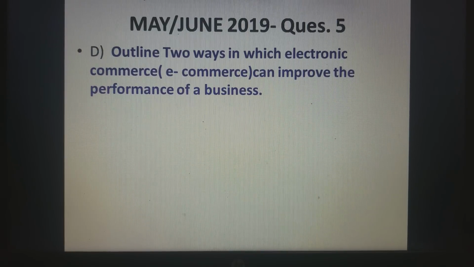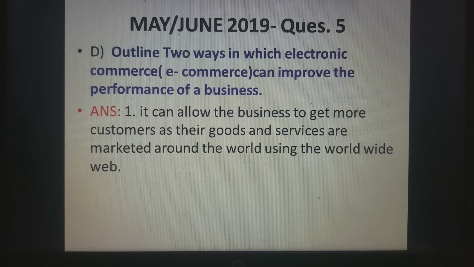Section D. Outline 2 ways in which electronic commerce or e-commerce can improve the performance of a business. Well, 1, it can allow the business to get more customers as their goods and services are marketed around the world using the World Wide Web.